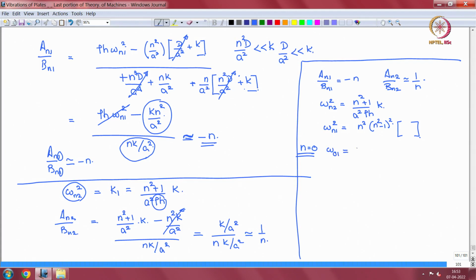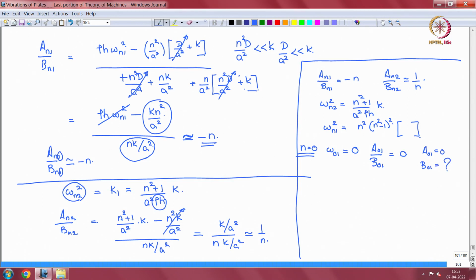That is 0, omega 0 1 is 0. Okay. What is a 0 1 by b 0 1, which is actually 0. Okay. That means a 0 1 is 0 and b 0 1 can be anything.